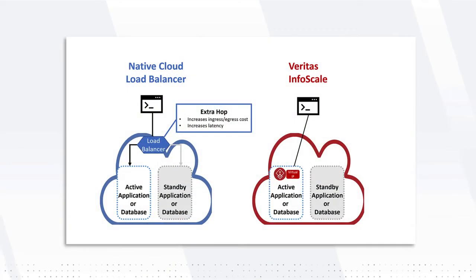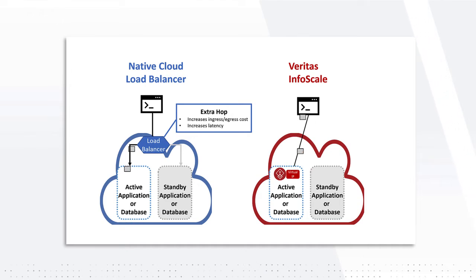Okay, so it's helping with application availability, but can it also help reduce cost? InfoScale did help us improve application performance and also reduce some costs. And these were costs that are associated with things like cloud-based load balancing services, right? And so those are often single points of failure. They can also incur additional ingress and egress charges, right?